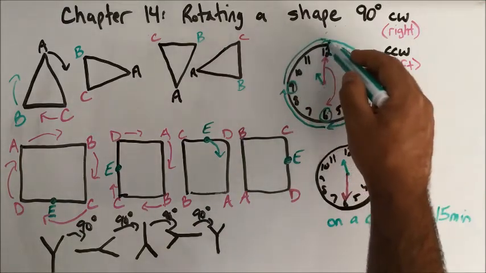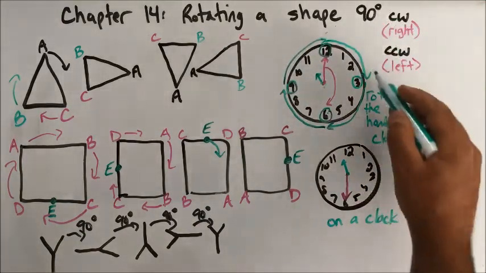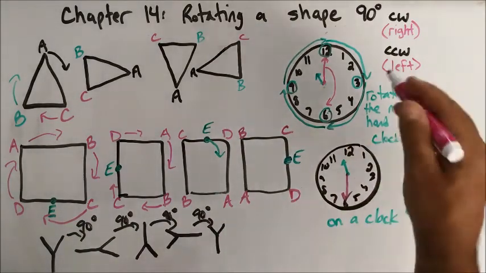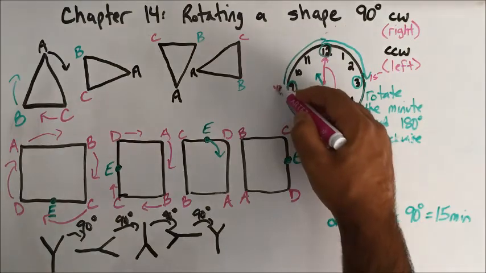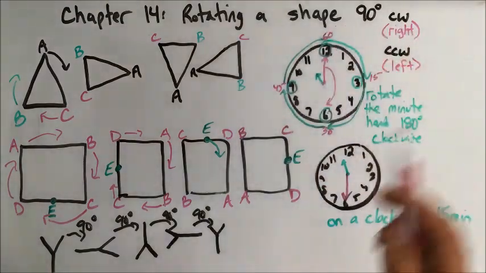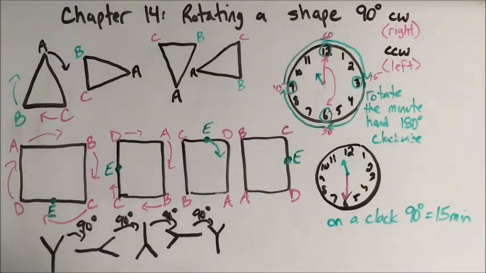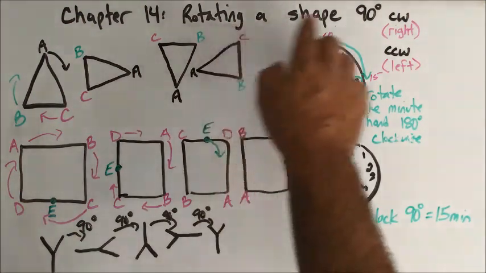And then back to your 12, which is your 60. So 15, 30, 45, and 60.